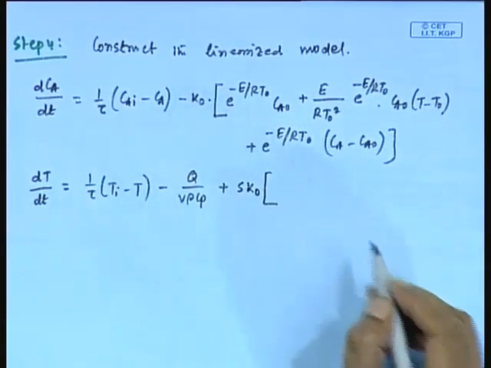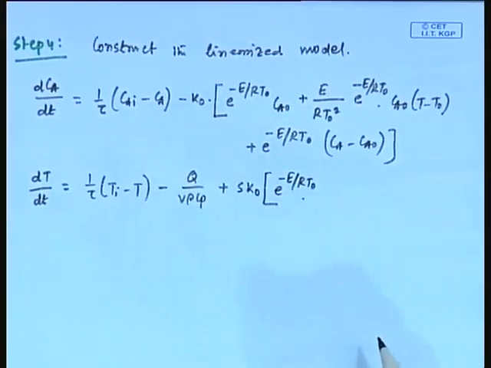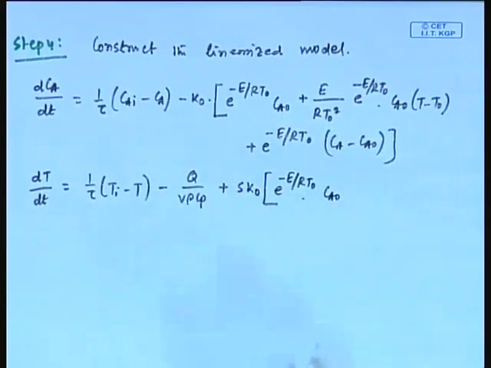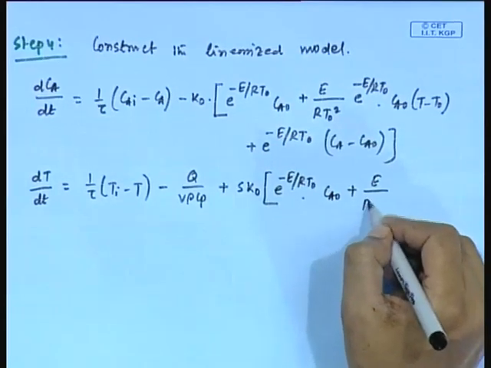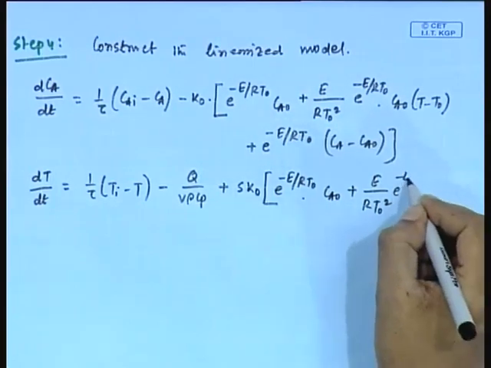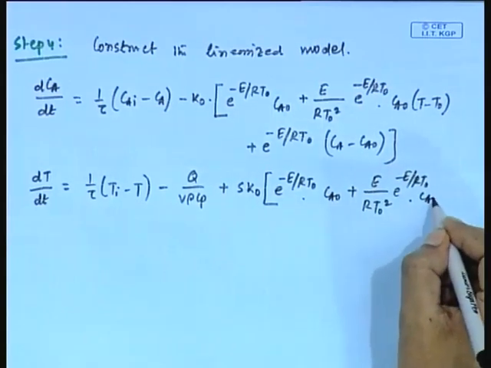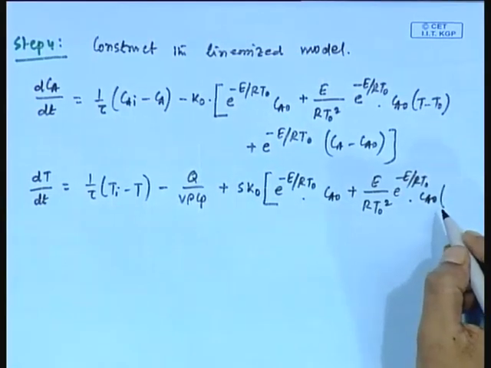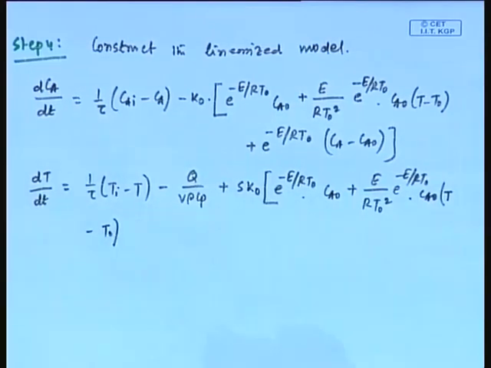So, we will just substitute here exponential of minus E divided by RT naught, CA naught, then E divided by RT naught square, exponential of minus E divided by RT naught multiplied by CA naught, multiplied by (T minus T naught).